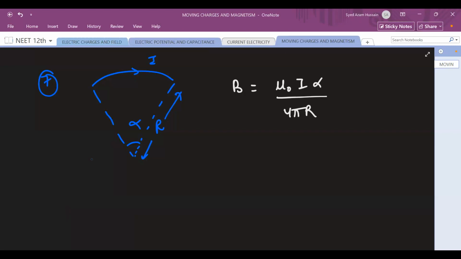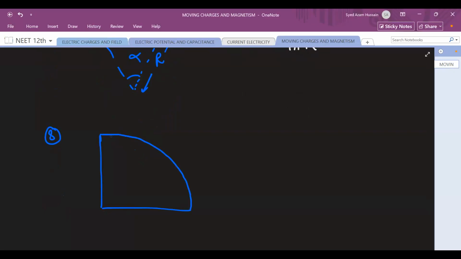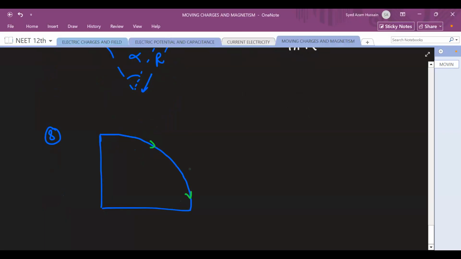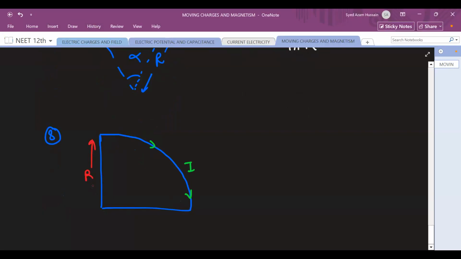All right. So there is one more case. If we have a quarter of a circle, this is the part that is available where current flows. Let's say here the current I flows, while this part is the radius.